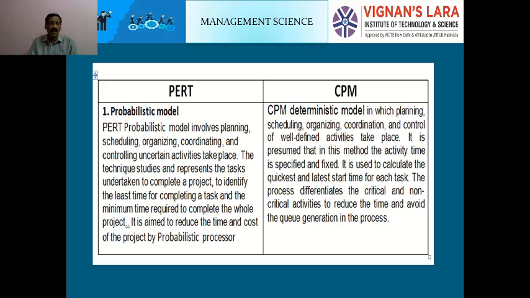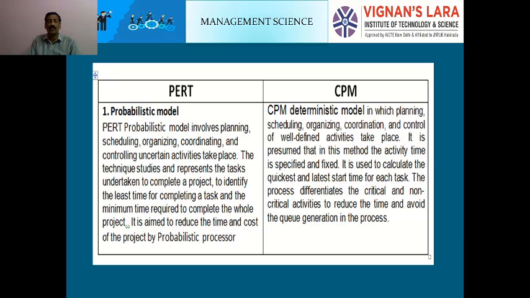That is, PERT is a probabilistic model, involving planning, scheduling, organizing, coordinating and controlling of the uncertain activities that take place. The technique studies and represents the tasks undertaken to complete the project, to identify the least time for completing a task and the minimum time required to complete the whole project.